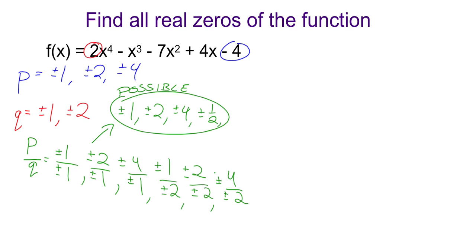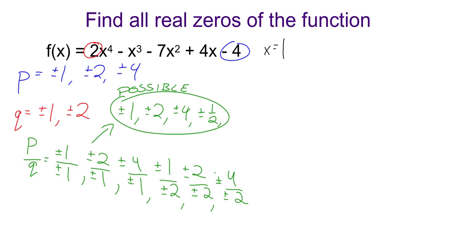So think about it this way. If I have a 0 which is 1, what is the factor that gave me that 0? Well, remember when we're solving for x-intercepts, when we're solving for zeros, what do we set a factor equal to?